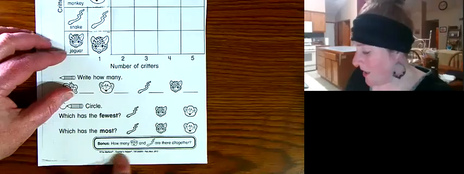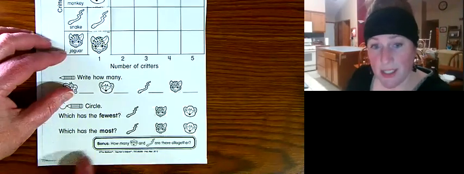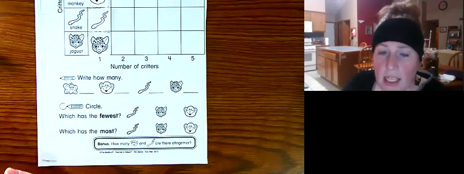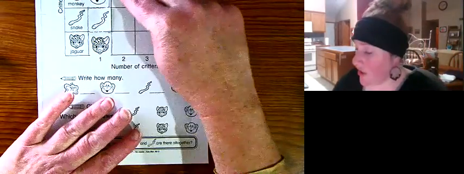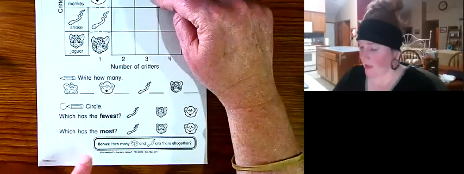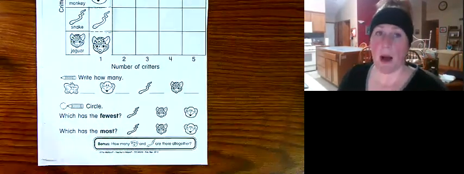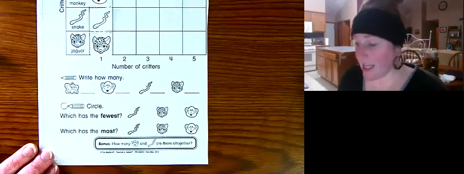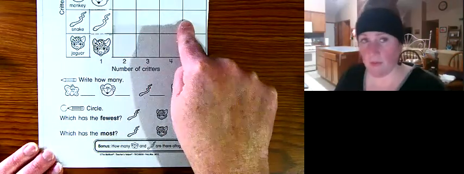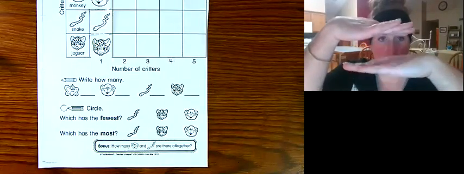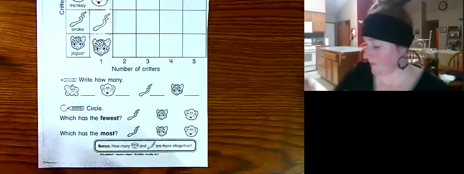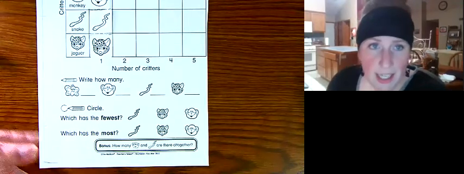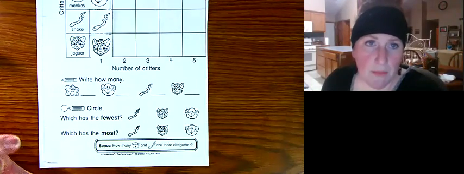So I want you to write a number sentence down here at the bottom for how many monkeys and how many snakes. You're going to count up your monkeys, write that number, plus how many snakes there are. Then you're going to write an equal sign. Then you're going to write your answer, and you can squeeze it right in at the bottom.